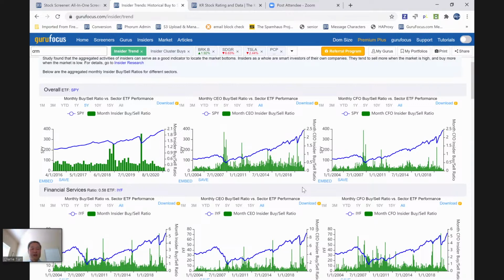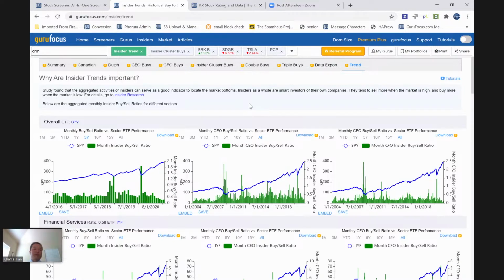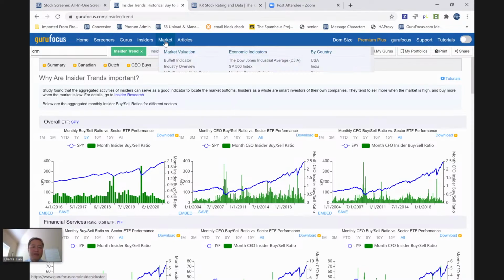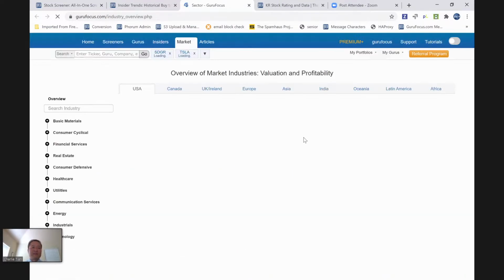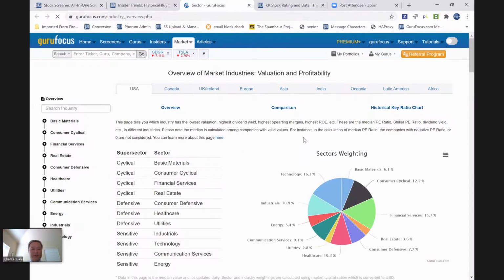Market valuation is high. We need to be cautious if we want to buy more stocks. But if we really want to buy, where do we go? I think we should follow the direction of Warren Buffett. We should buy more traditional companies, and we can also see this from the GuruFocus industry overview page.